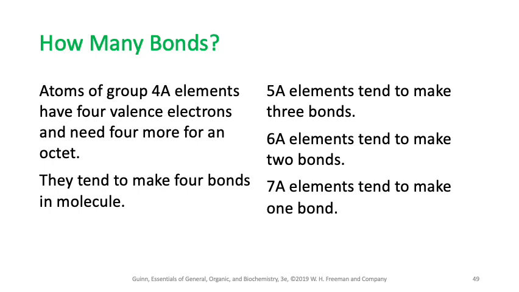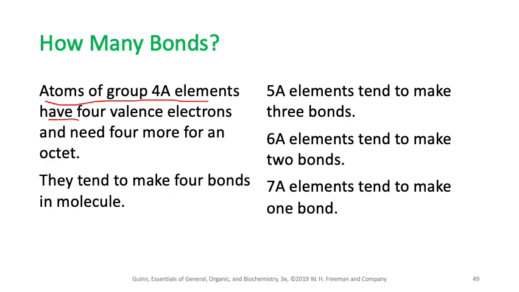So now let's try to understand how many bonds each particular element can make in a covalent compound. Let's talk about the atoms of group 4A elements. If any element belongs to group 4, how many valence electrons does it have? 4 valence electrons. And to make a fully filled octet, how many electrons does it need to get shared? It needs 4 more electrons from somebody else.